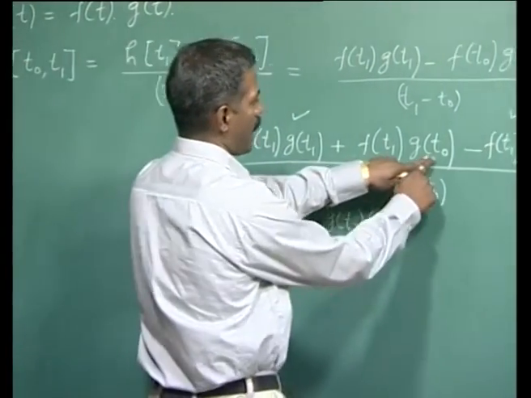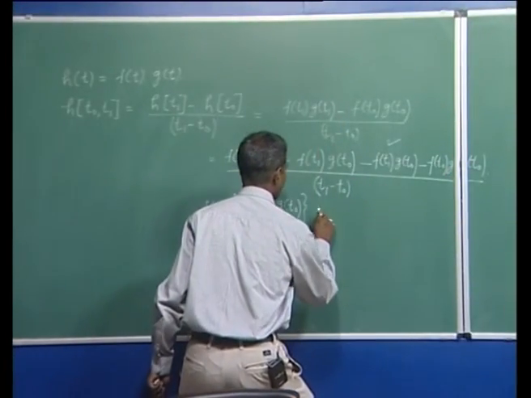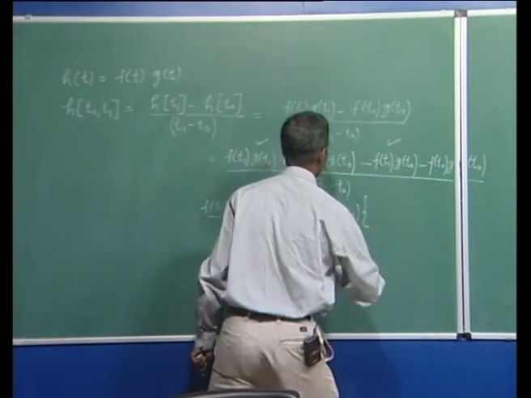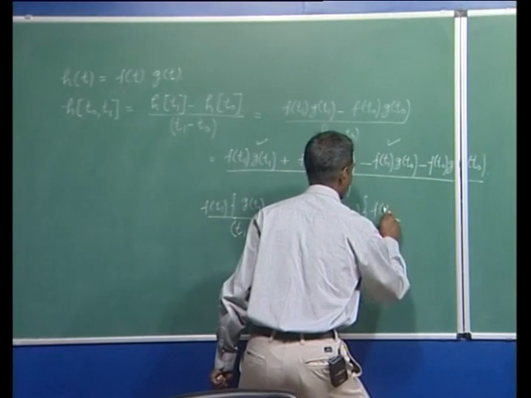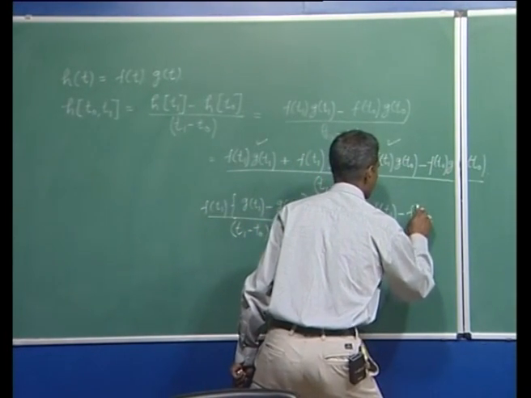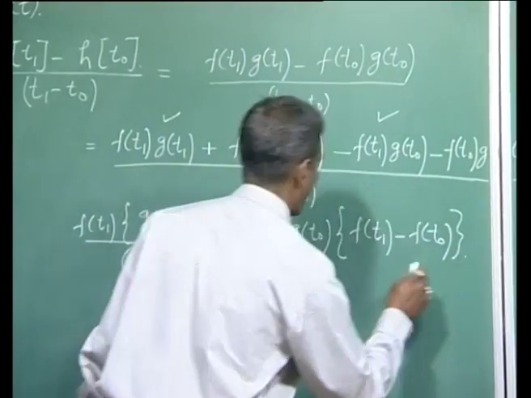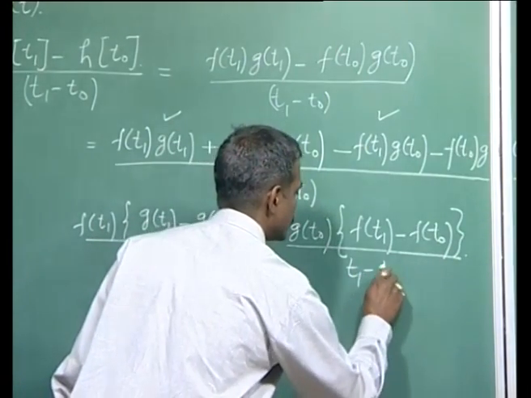And here I have g(t0) common. This would be plus g(t0) times f(t1) minus f(t0) over t1 minus t0.